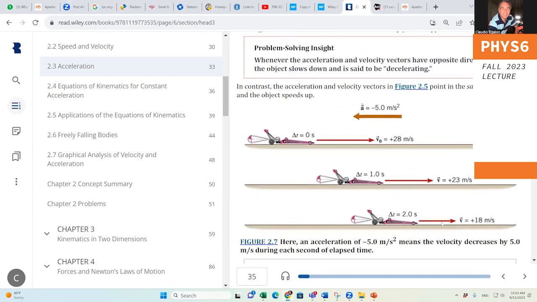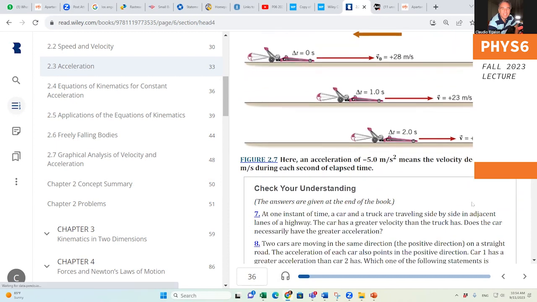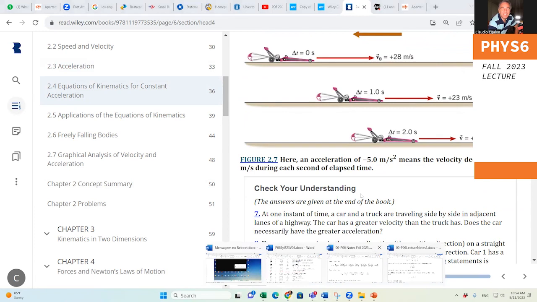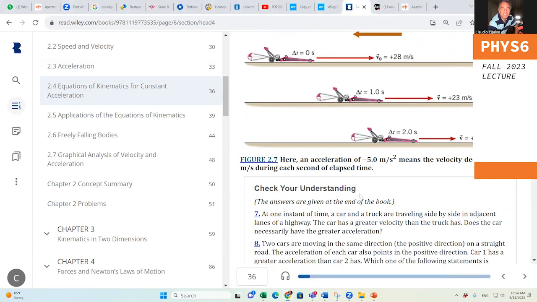The length of the arrow indicates the numeric value of the velocity. So keep that in mind. Acceleration is a very important concept in physics. We are going to look at that over and over again for different problems.